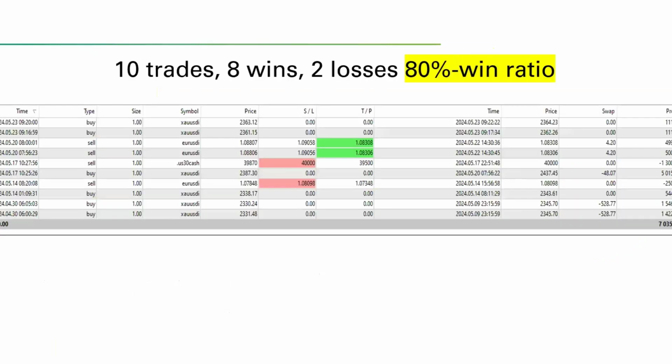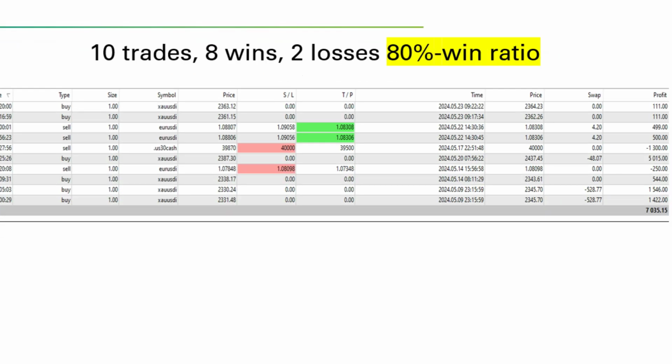All right. So if you do everything correct, this right here is an example of one of my accounts and what it looks like. So we have 10 trades, 8 wins, 2 losses, 80% win ratio. I mean, this right here is a perfect scenario if you can make that happen.